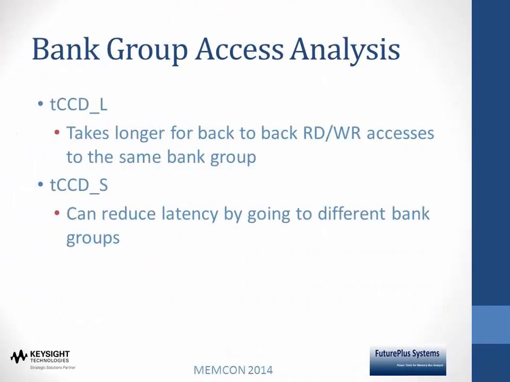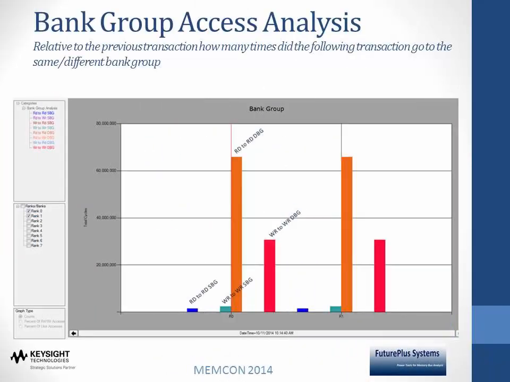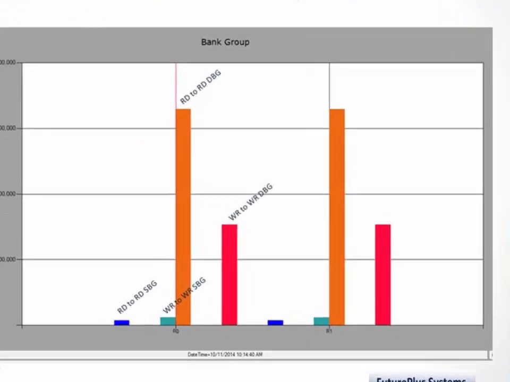For DDR4, the number of banks was doubled from 8 to 16, and the concept of bank groups was created. Each bank group contains 4 banks. Latency on consecutive accesses to the same bank group is longer than consecutive accesses to different bank groups. So going to different bank groups on back-to-back accesses is the performance path.